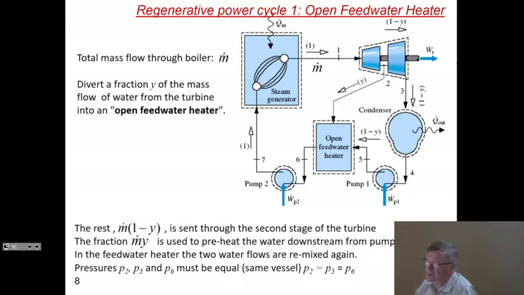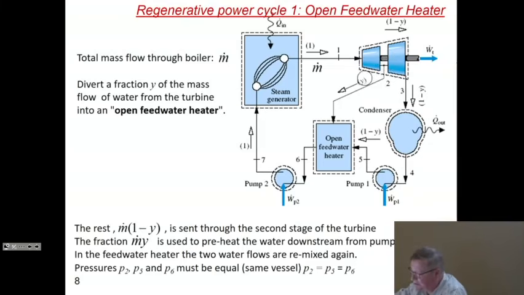Okay, so let's take a look at a cycle with an open feed water heater. We come out of the steam generator with a mass flow rate m dot here at point number 1. We send that mass flow rate through a high pressure stage of the turbine. So we expand that water to a certain extent, but we don't send it through the whole turbine. In the middle of the turbine, we bleed off a fraction of this water.